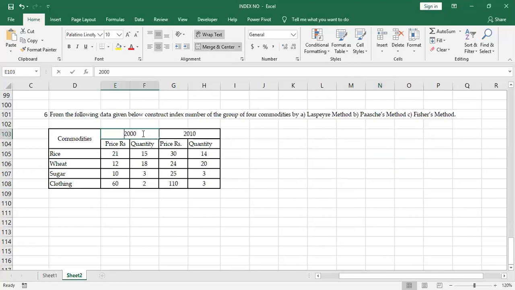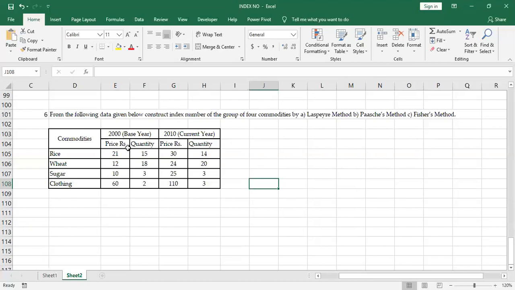So basically 2000 is considered as the base year, and 2010 is considered as the current year.